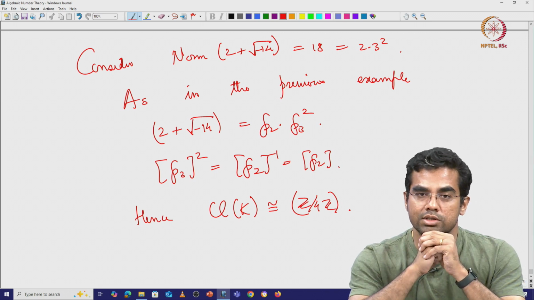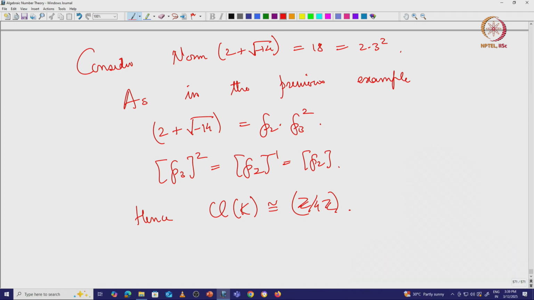The norm of an element in an imaginary quadratic field is a squared plus something positive times b squared, so the norm keeps increasing as a and b increase. So there are only finitely many elements of a given norm, whereas this is not true at all for real quadratic fields. And so usually you have to work harder for real quadratic fields, and it is precisely the same reason why proving things about class numbers of real quadratic fields is much harder.